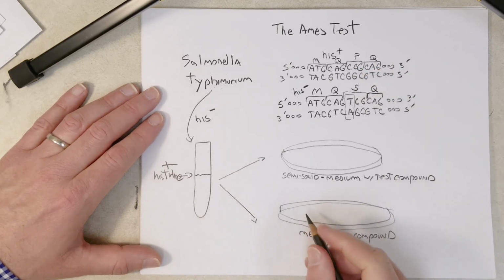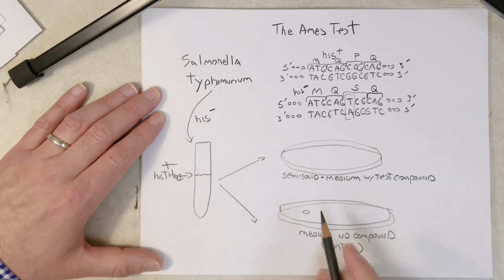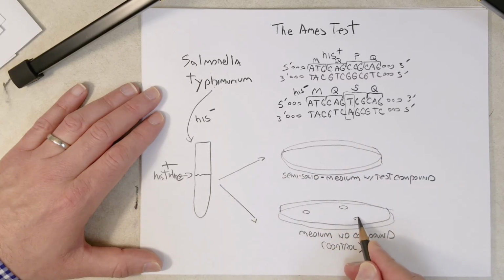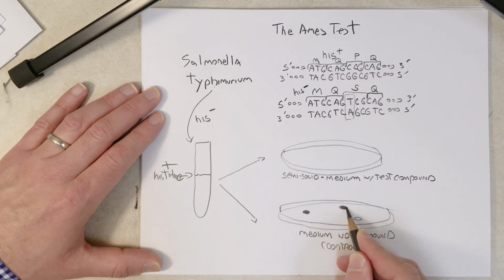right? So let's say we plate the bacteria from this culture on here, and we let the plates incubate, and we come back the next day, and we see, oh, okay, there are 3 colonies here on this control plate.